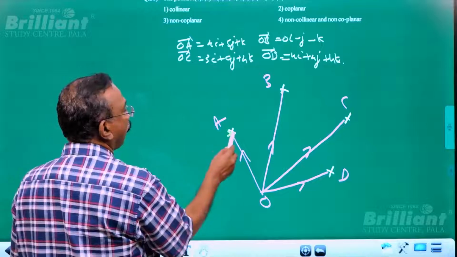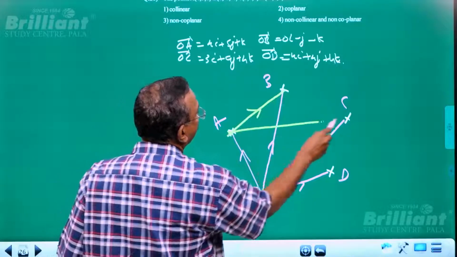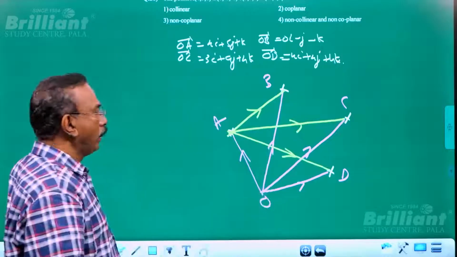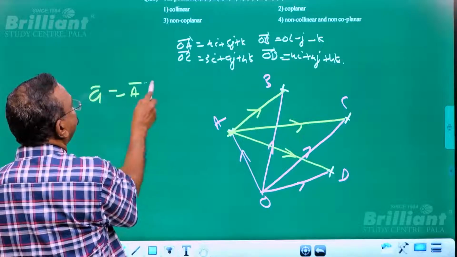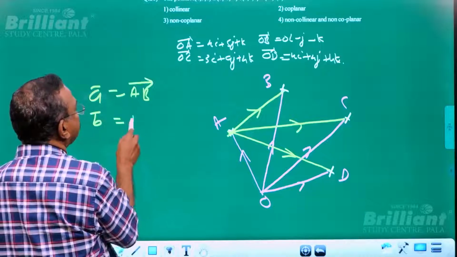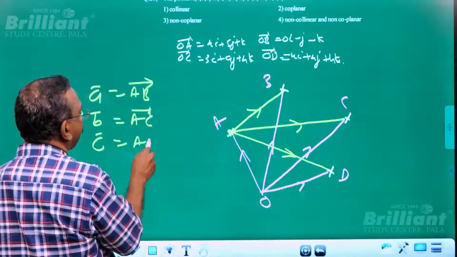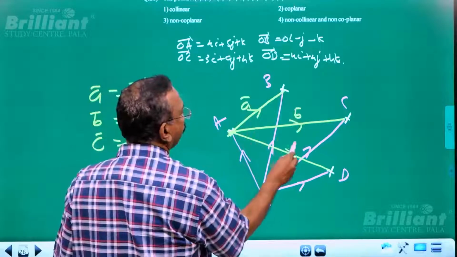I mark this A, and I find vector AB and vector AC and this one. So we are able to find three such vectors: A bar is equal to vector AB, B bar is equal to vector AC, and C bar is equal to vector AD. These are three different vectors.